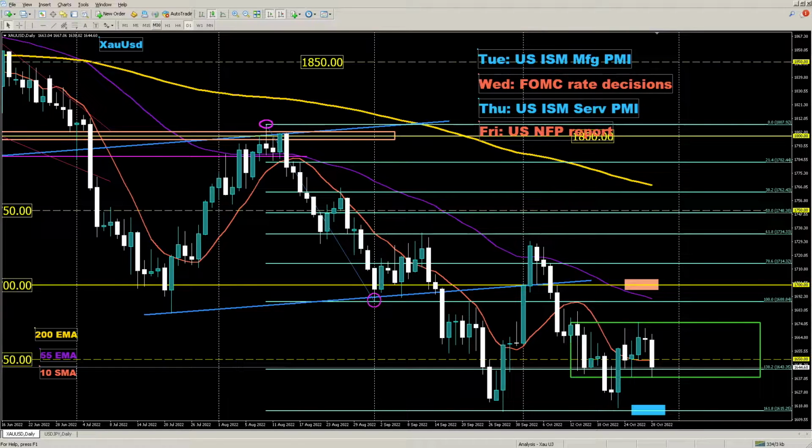And we'll see whether it's going to break out higher, test the previous swing low with the daily 55 coming down in confluence, or if it's going to break down to test the swing low at the 162 fib extension.